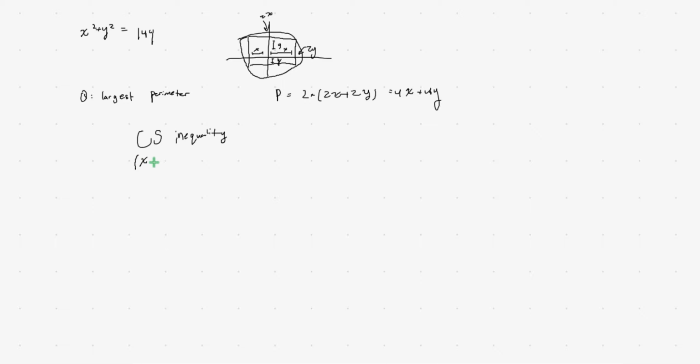So let's say x1 squared plus x2 squared plus all the way to xn squared, times y1 squared plus y2 squared plus all the way to yn squared, is greater than or equal to x1 y1 plus x2 y2 all the way to xn yn, that whole thing squared.